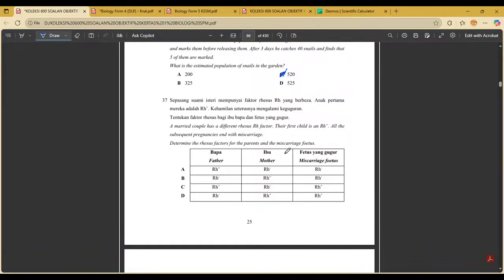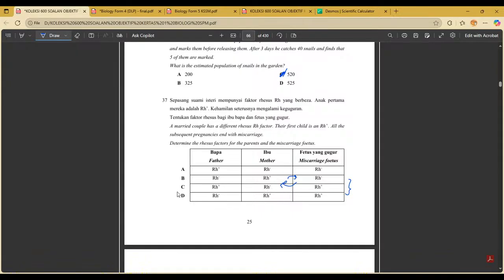A married couple has different rhesus factor. Their first child is rhesus positive, but the subsequent pregnancies end with miscarriage. Determine the rhesus factors for the parents and the miscarried fetus. I don't remember much about this factor, but definitely the mother and the fetus have different factors.